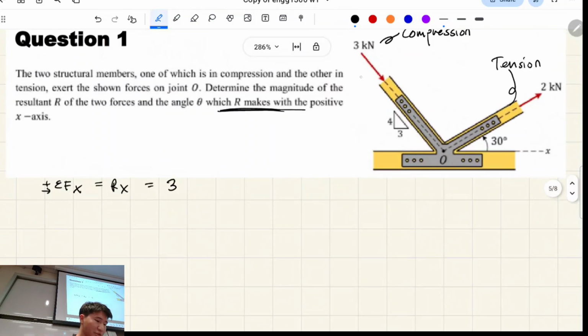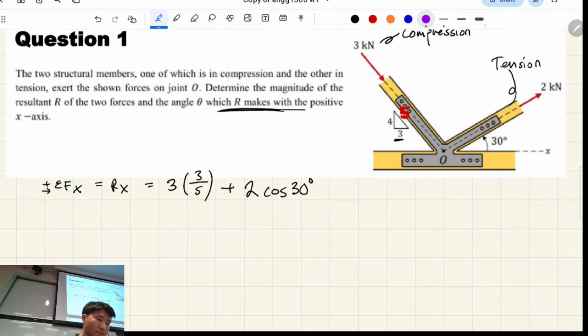I'm going to take the magnitude, which is 3 kilonewtons, and take 3 over 5. So 3 over 5 comes from this over the hypotenuse, right? And then for the tension one, we're going to take the magnitude, which is 2 kilonewtons, and take cosine 30.